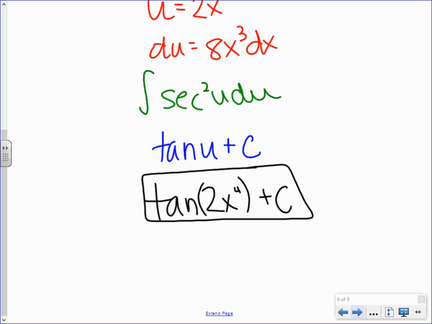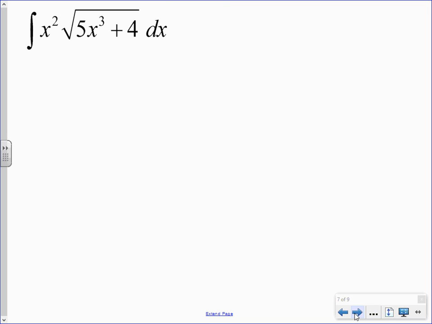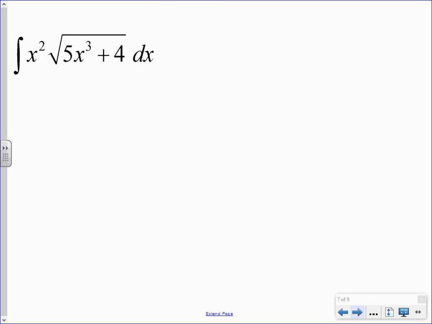Okay, so far, when we have chosen a u, du has been exactly what we needed it to be, right? Okay. What happens if it isn't exactly what du equals? Okay. Show us. Of course, I'm going to show you. Write down this example.